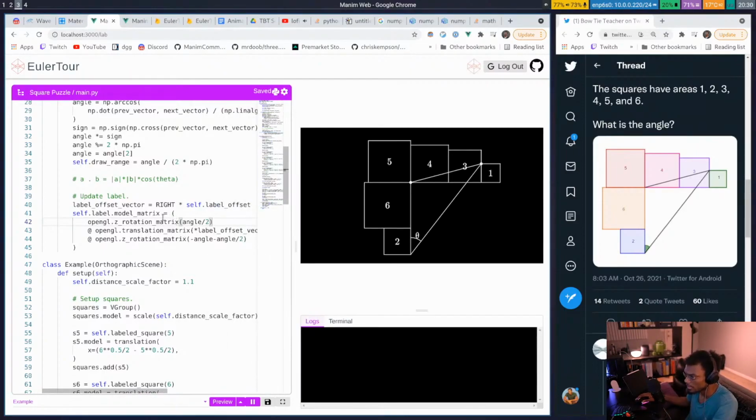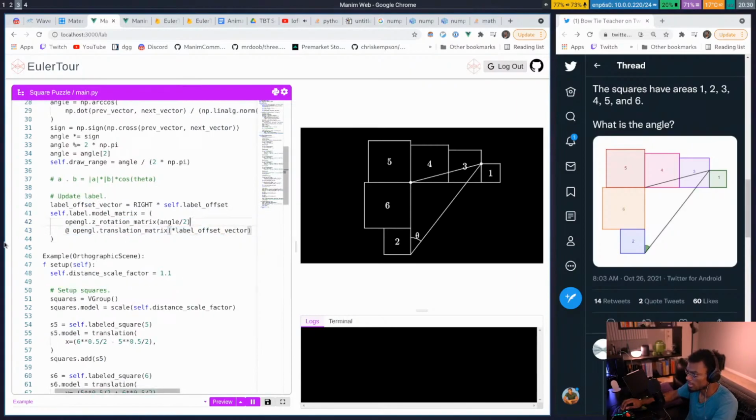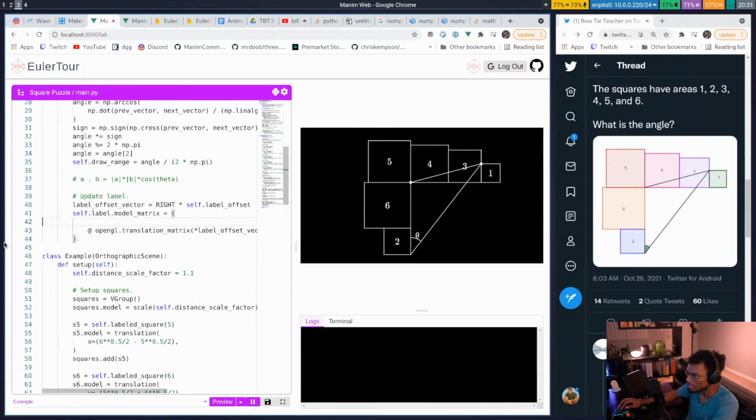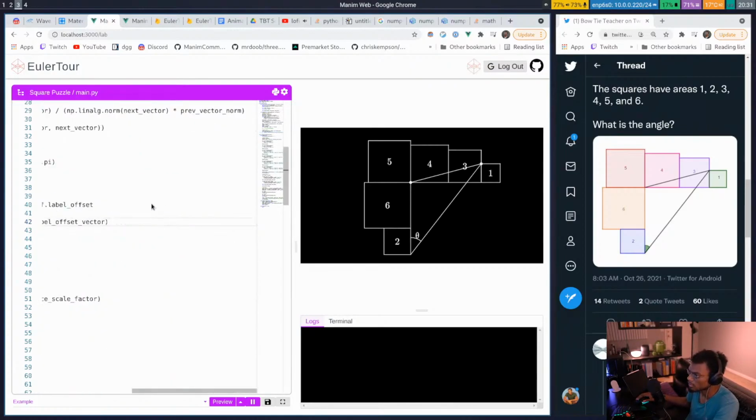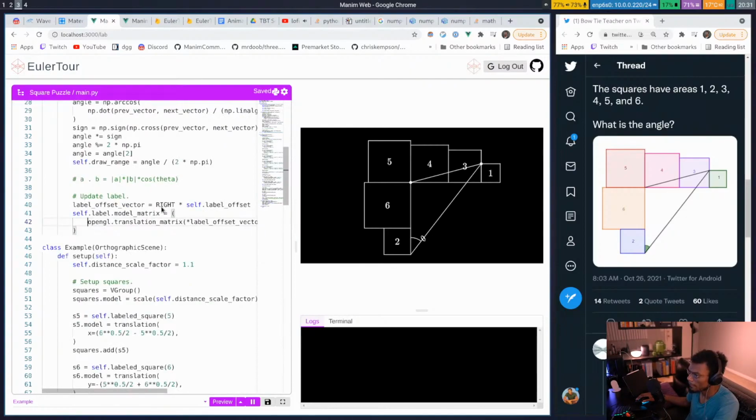I'm gonna try starting this from scratch again. Let me just try positioning it first. And if I do that, I should be able to handle the rotation separately. So here, it's currently rotated by the previous angle, because the entire shape is rotated by that much.